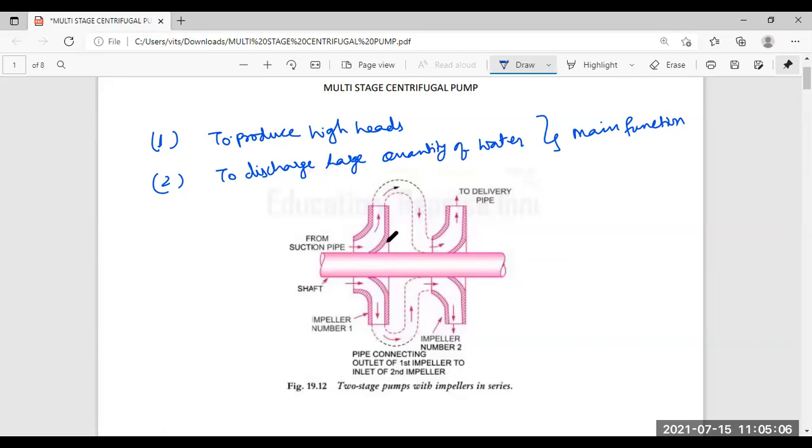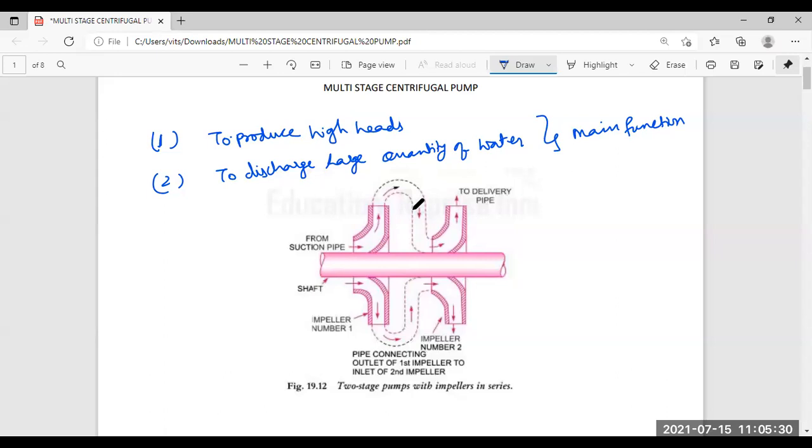Now this is the arrangement of a two-stage centrifugal pump, as you can see in this figure. The working of this two-stage centrifugal pump is as follows. The water from the suction pipe enters the first impeller at the inlet and is discharged at the outlet with increased pressure.